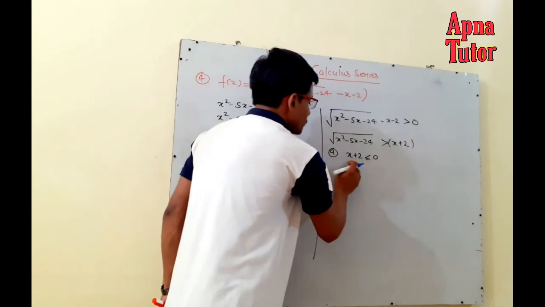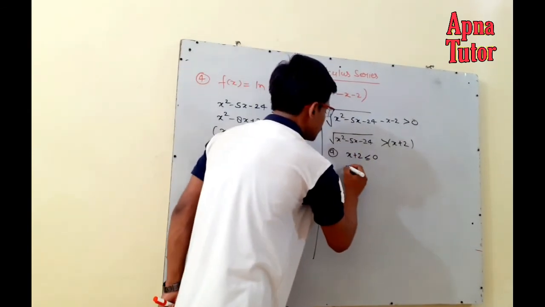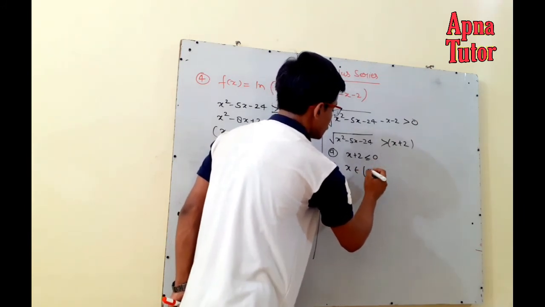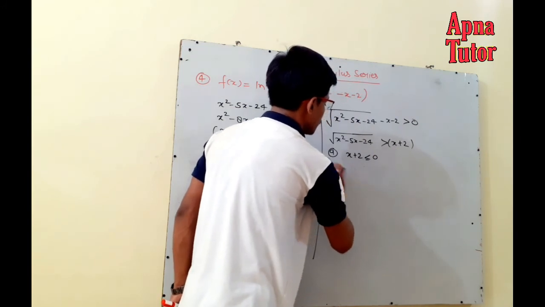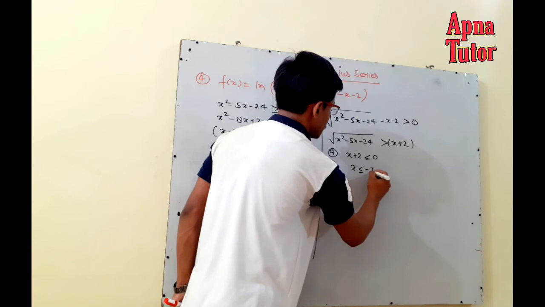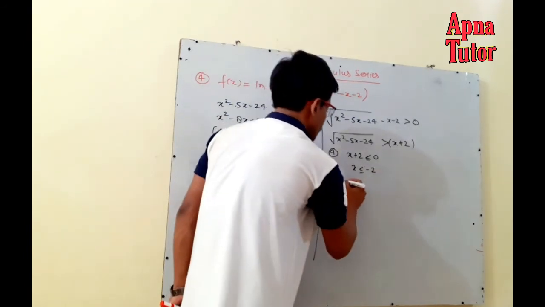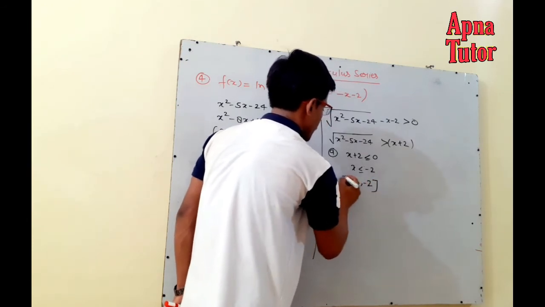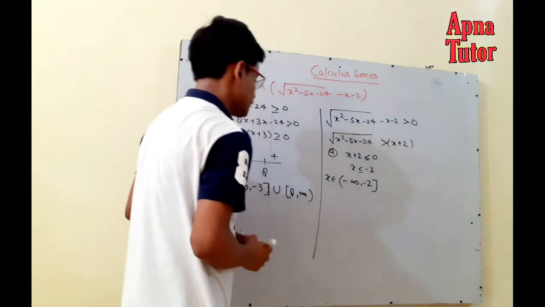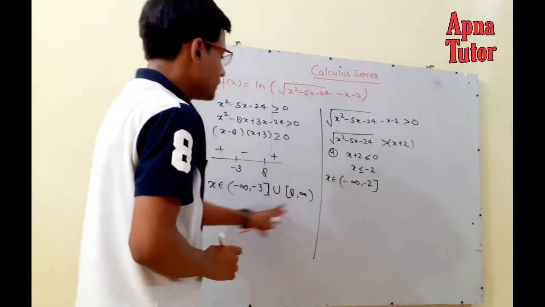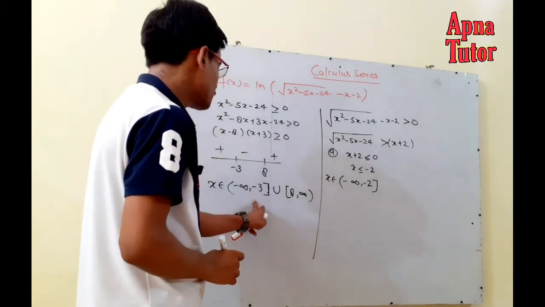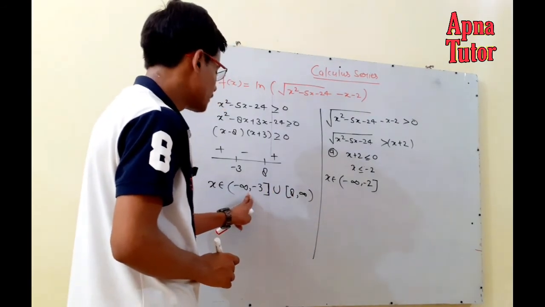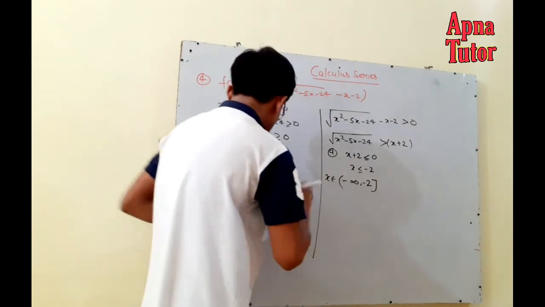So what will this be? x belongs to, x less than or equal to minus 2, which is minus infinity to minus 2. When you take the intersection of this and this, this part will be excluded and this part will remain.